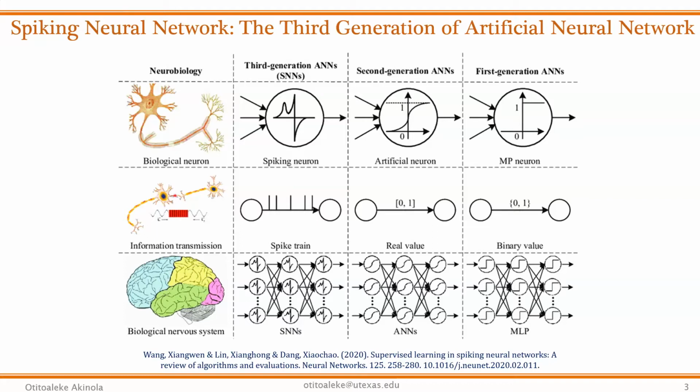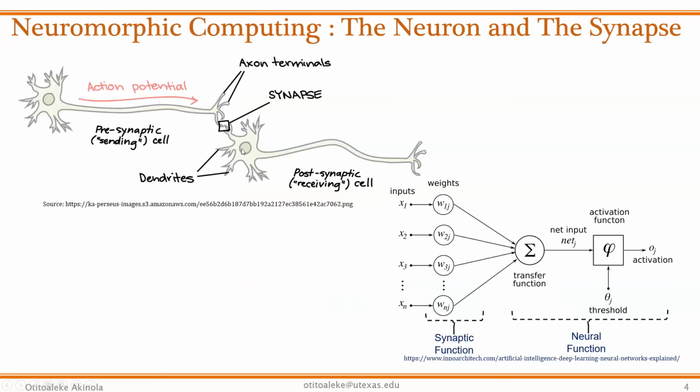Whereas in the spiking neural network, we have signals encoded in the form of spike trains, and this can follow frequency encoding or time encoding. But the major thing to highlight here is that the spiking neural network helps to capture the functionality of the brain more accurately.